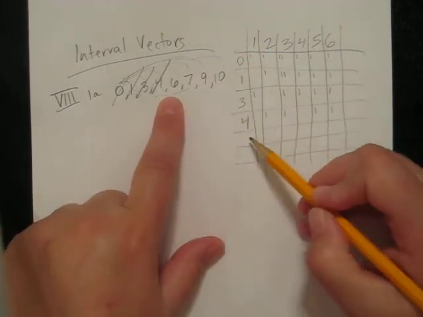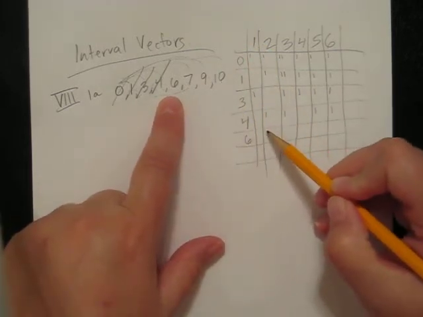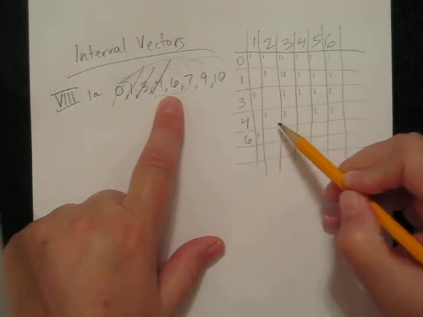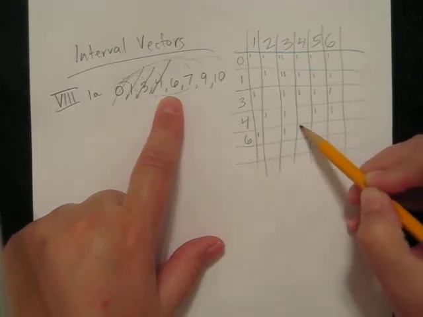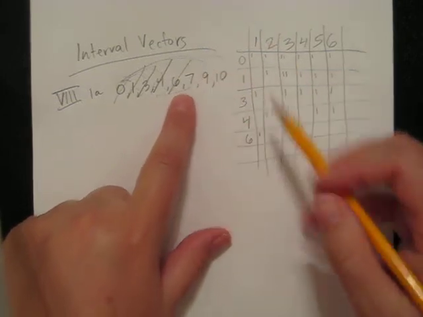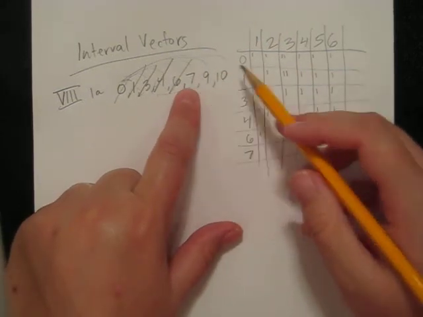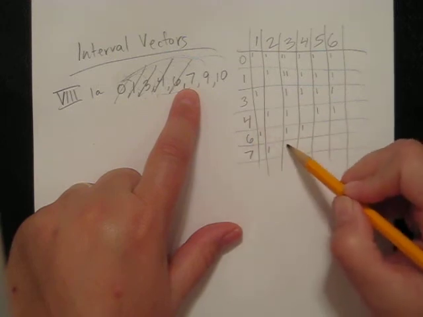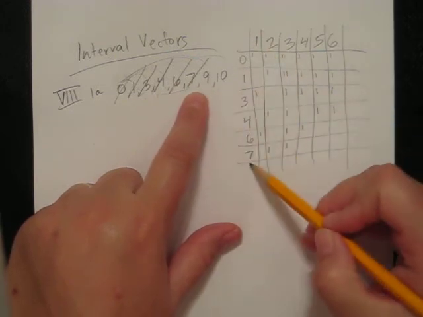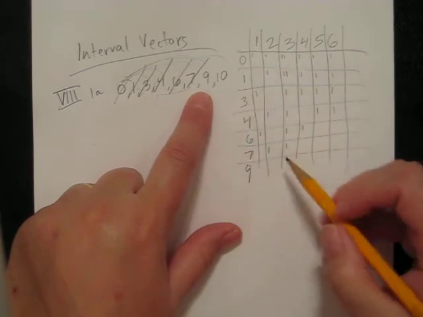Okay, 6. 6 to 7 is a 1, 6 to 9 is a 3, and 6 to 10 is a 4. Done with 6. 7. 7 to 9 is a 2, 7 to 10 is a 3, and then finally 9. 9 to 10 is a 1.